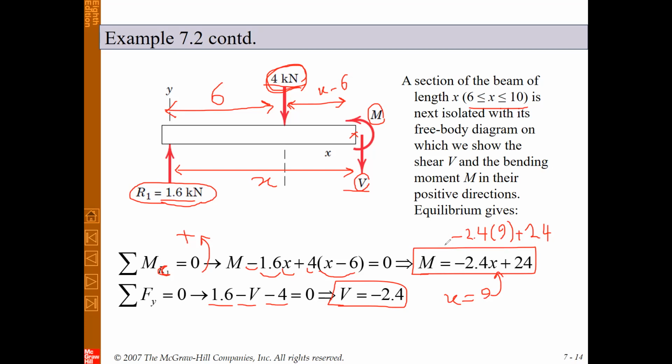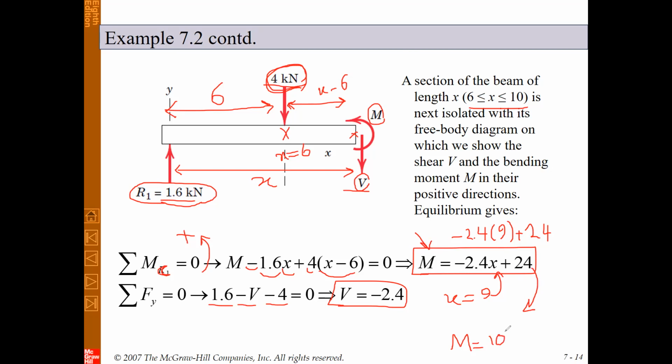Another point that you should consider, and in fact you can use it to check and validate your results: at this point, where x is equal to 6, when you substitute in this equation you will obtain one value for M. For example, when you substitute x equal to 6, you will obtain that M is equal to, for example, 10.